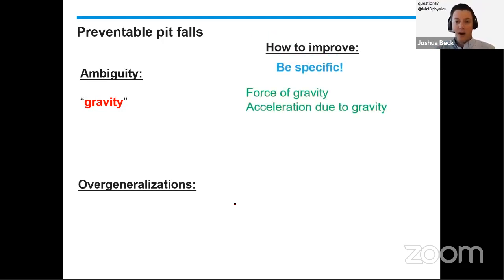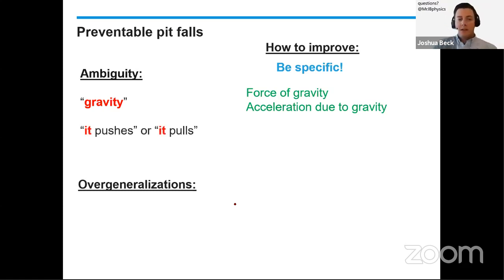Are you talking about the force of gravity, or the acceleration due to gravity? I typically try and avoid the word gravity on its own. Are you talking about the force of gravity, or the acceleration that's a result of that gravitational field? The word gravity on its own is a little bit ambiguous because you could be referencing a force or an acceleration, which are two different physical things.